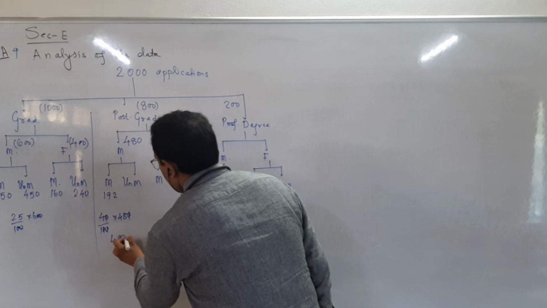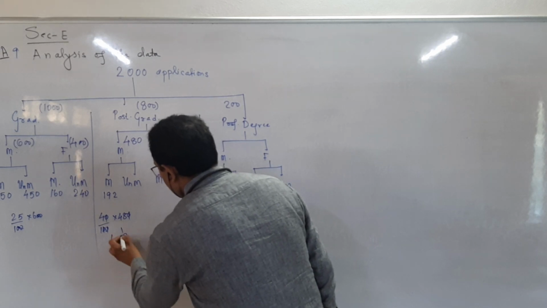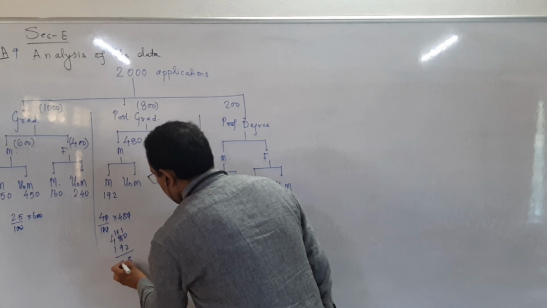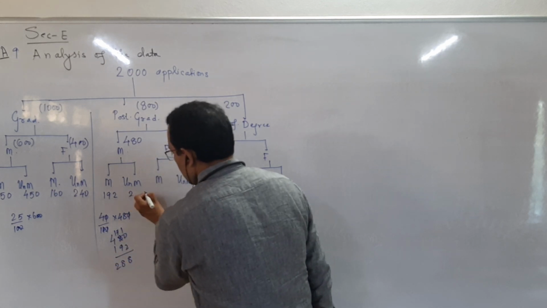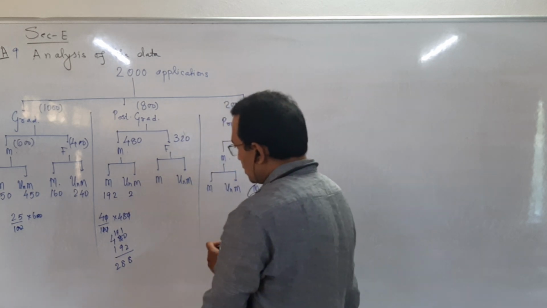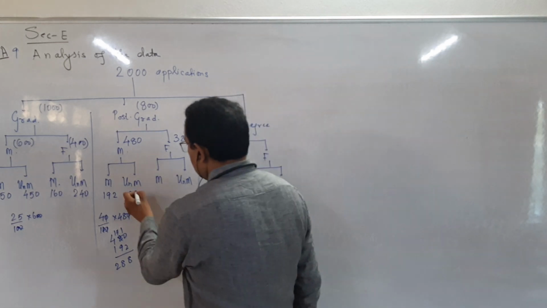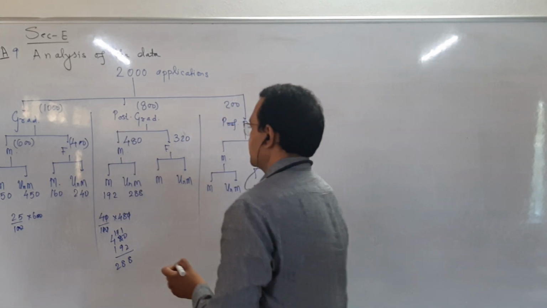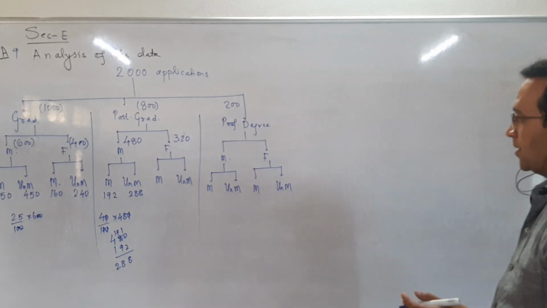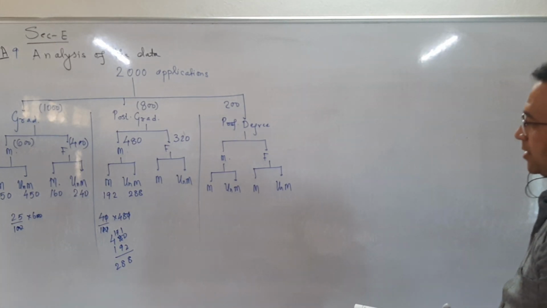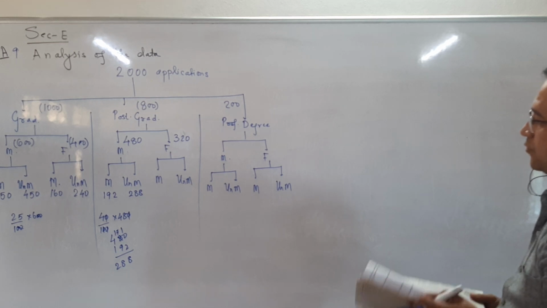From 480, subtract 192, 10 minus 2, 8, 17 minus 9, 8, and this will be 2. So, correct, yes, 288. 288, correct students, plus 192 will give us 480, correct.